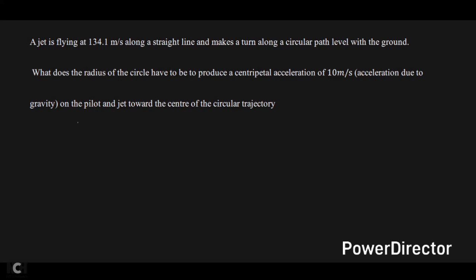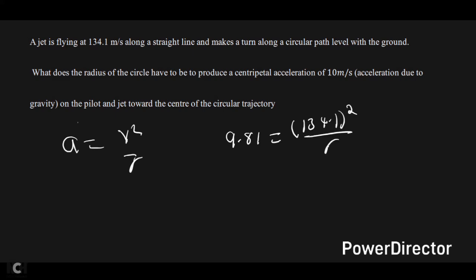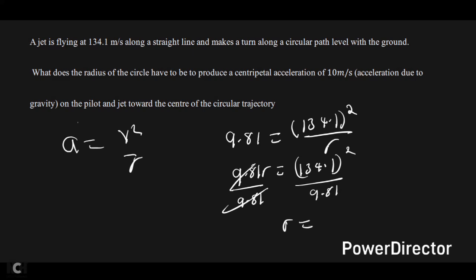So remember, acceleration is equal to v squared over radius. The acceleration due to gravity is 9.81. What's the velocity? The velocity is 134.1, squared, over radius. So 9.81 equals 134.1 squared over r. What's your radius in that situation?